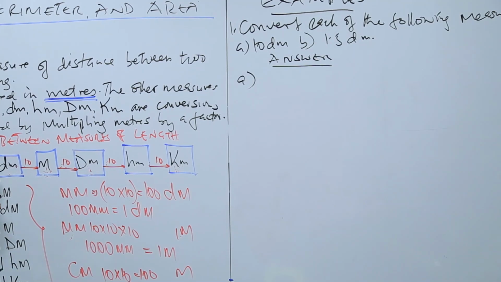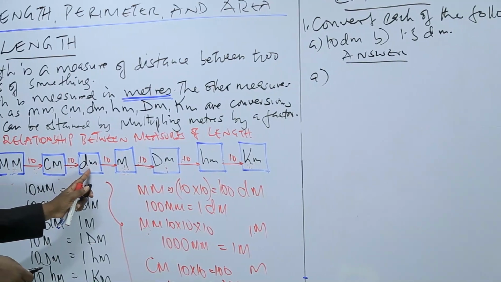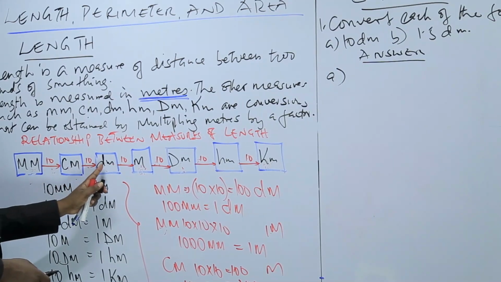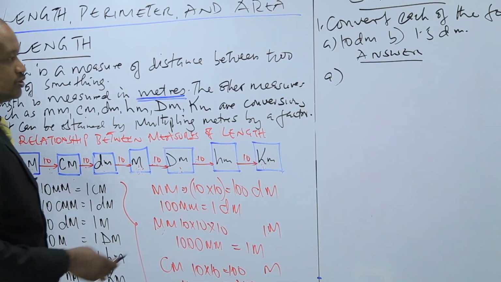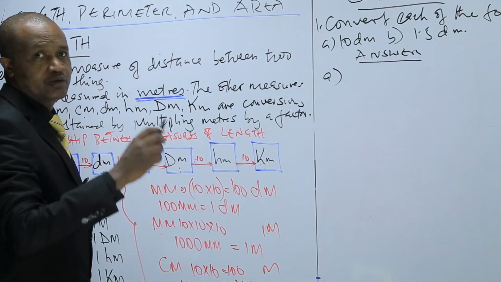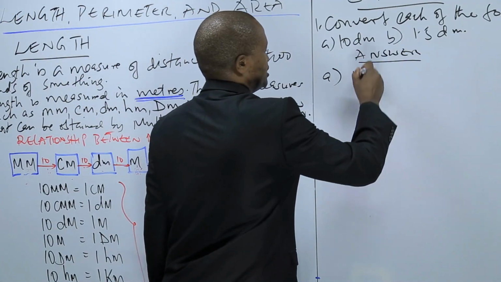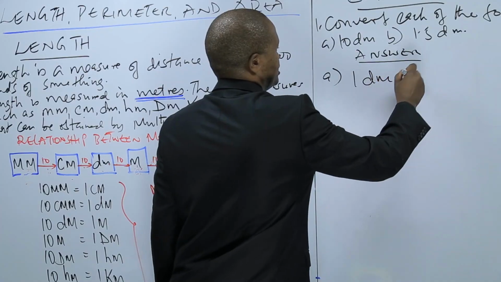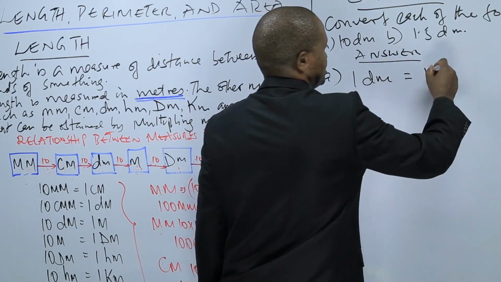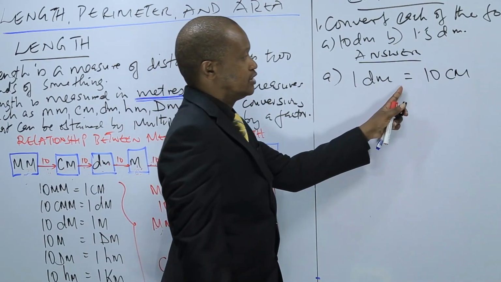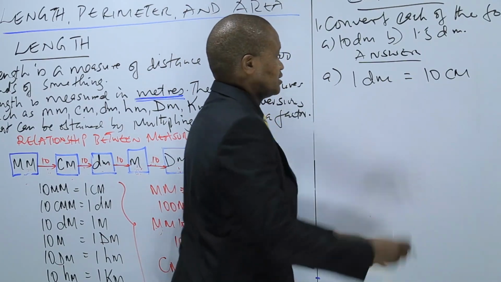From this diagram you can see 10 centimeters make 1 decimeter. That means 1 decimeter is equal to 10 centimeters.